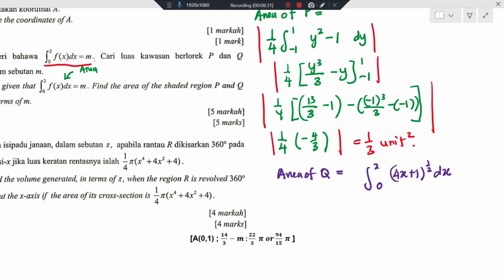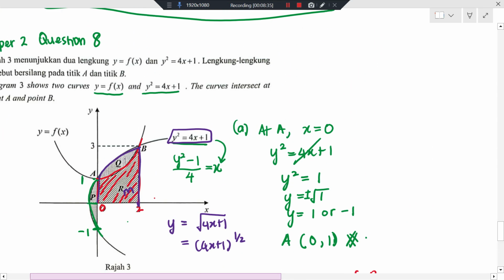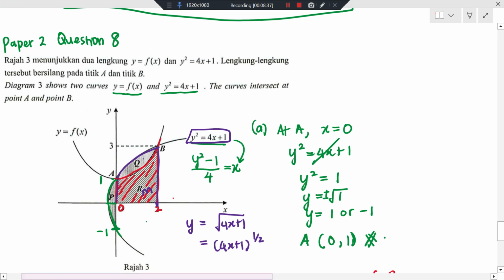And remember, this area will give you everything below the curve, including your R area.